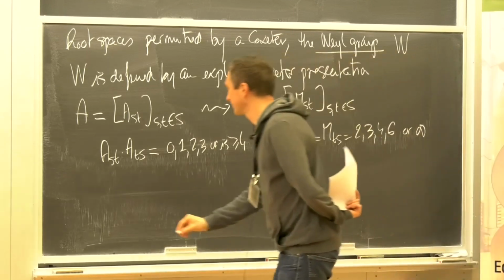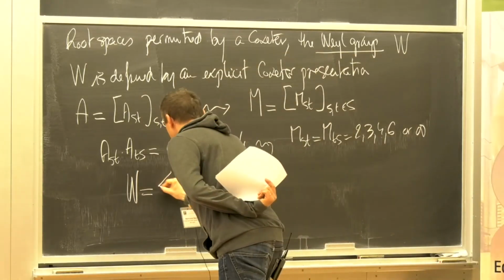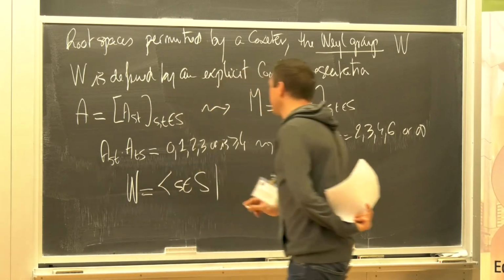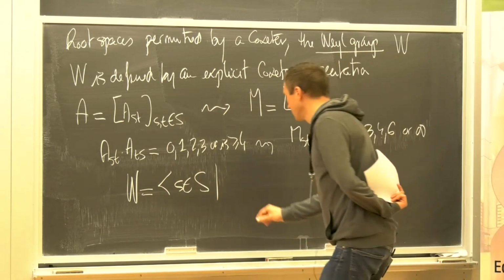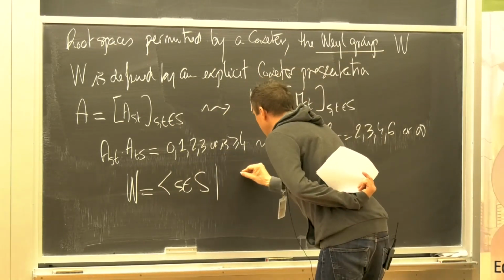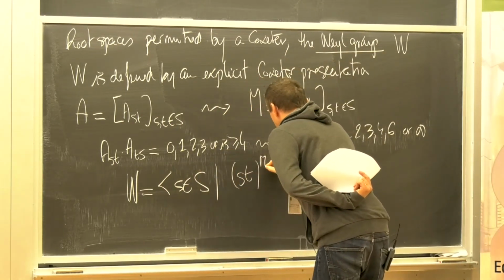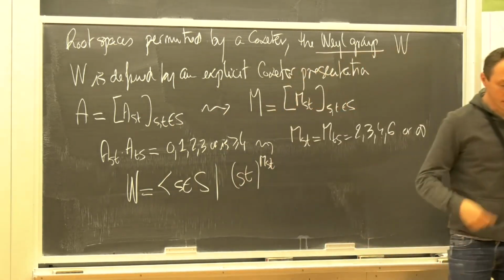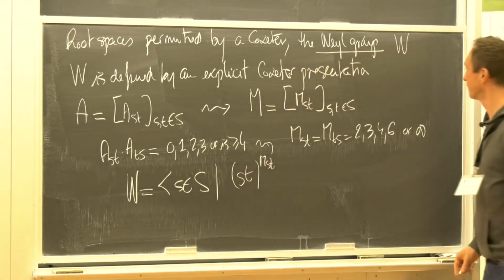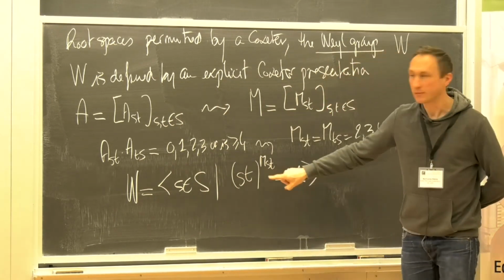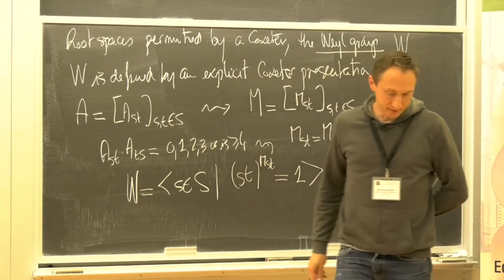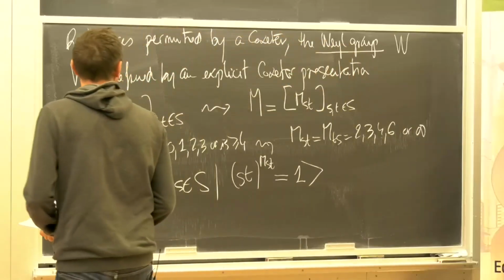And the resulting Weyl group is the group generated by symbols S, those which index this matrix. As for any Coxeter group, the presentation only prescribes the order of products of two elements. And of course, if M_ST is infinite, we don't prescribe any order.